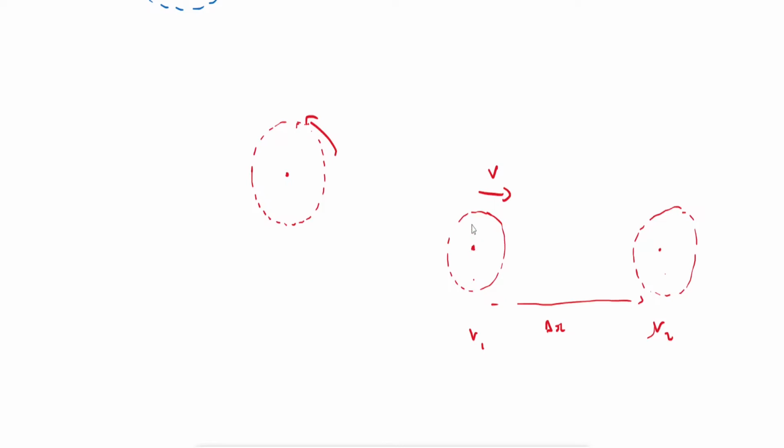Then there is how it's moving, which is basically rotating about a certain point. It could be rotating while this point x is moving, ending up somewhere here after some time. So it is rotating and it is moving.